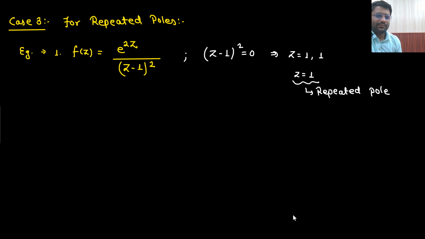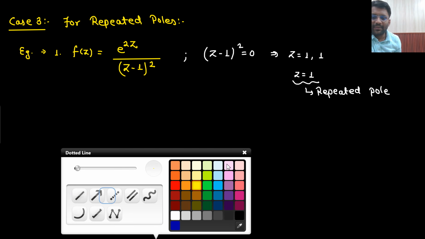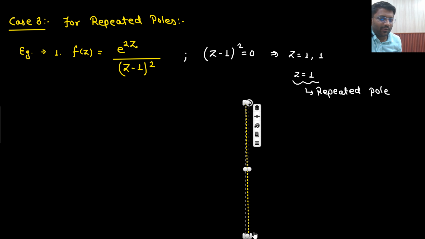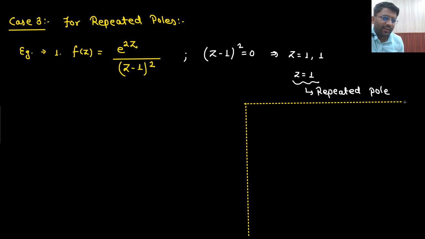Say yes or no. So for a repeated pole, there is a certain method. What is that method? Let me write it down here. You don't need to remember the method, you just need to remember the way. Basically, you don't need to remember the formula. Here I will write down the formula, but this is something that you are not supposed to remember.